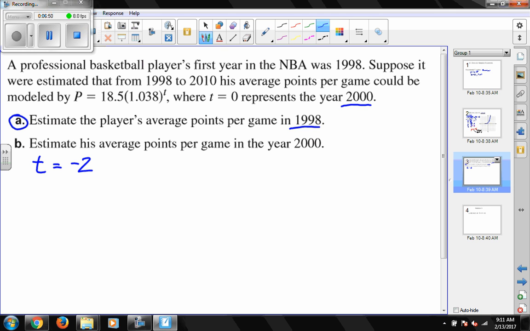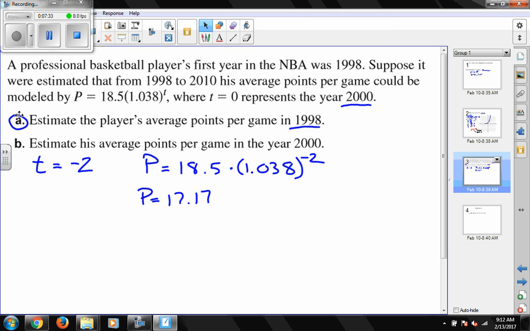Now that I know that my T value is -2, I can just plug into our equation P equals 18.5 times 1.038 to the -2. And from here, you can either use a calculator or work it out by hand. But either way, you're going to get that P is equal to 17.17 from your calculator.